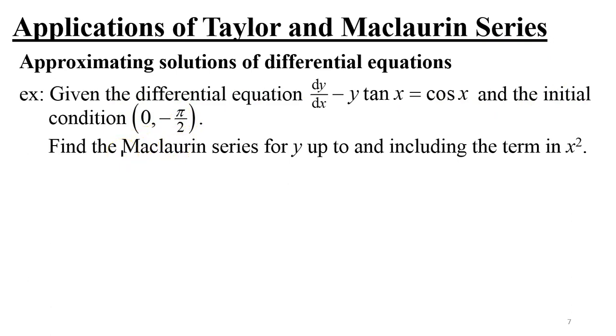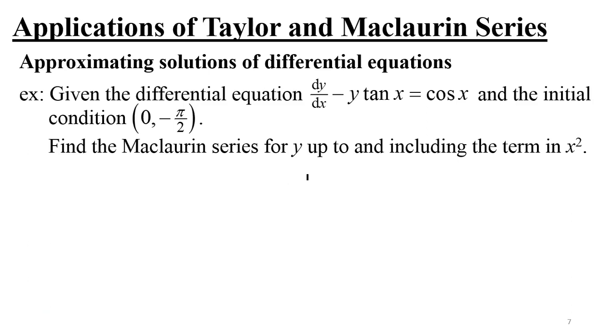Now I need to find a Maclaurin series. A Maclaurin series means that the series is centered at 0 for y, up to and including the term in x squared. Now there are several ways that we could solve this differential equation. However, sometimes we come across differential equations that are really hard to solve, especially if we come across integrals in the process that cannot be integrated using differential calculus.